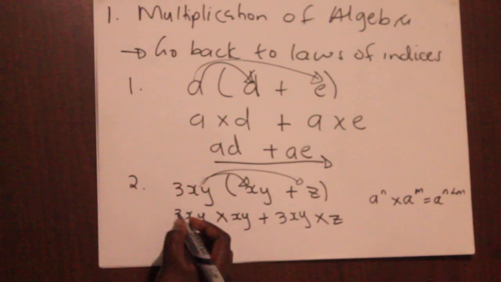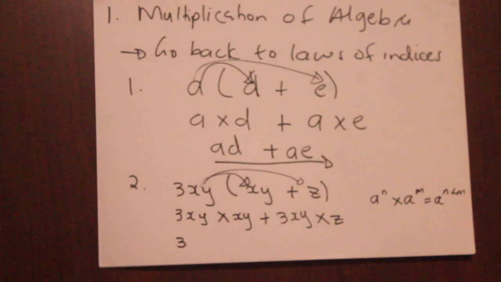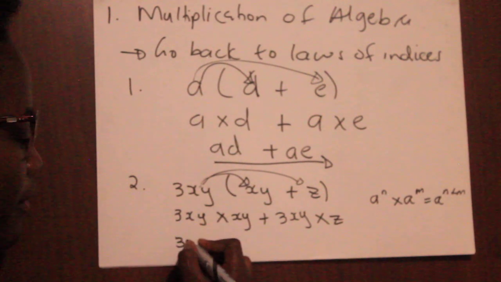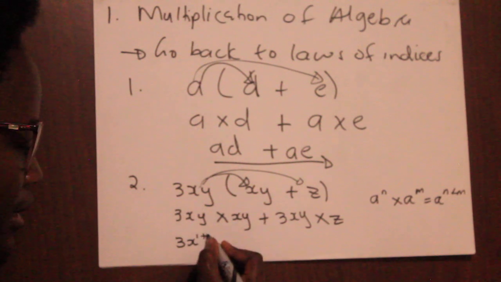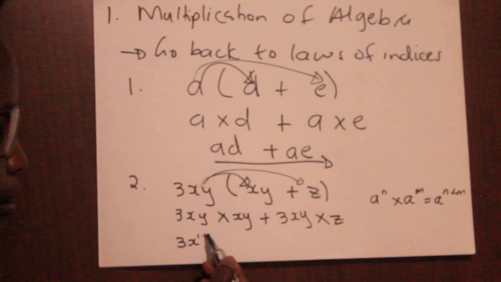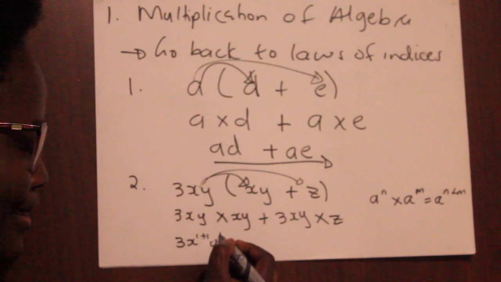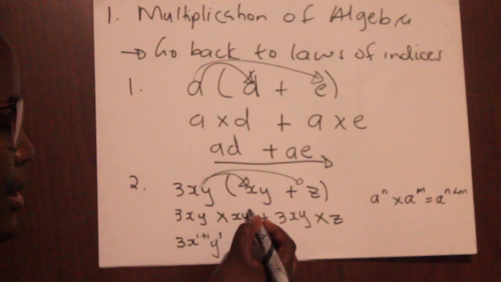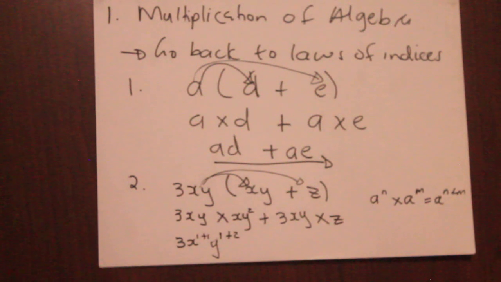So we have 3, because it's 3 times 1, there's a 1 there, we just don't write it because by default it is 1 and it doesn't make any difference. Then x: there's a 1 there, plus the 1 on that side. Keep the same base, which is y, and add the powers.